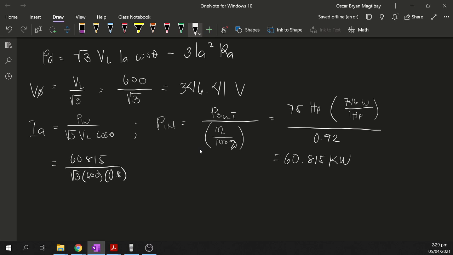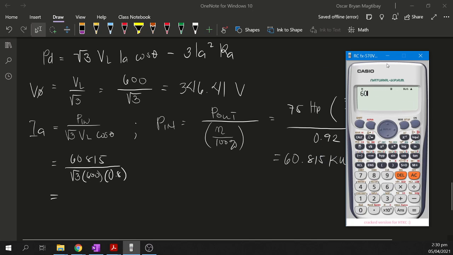So, in this problem, anong ating IA? Dito natin siya ilalagay. 60.815 over square root of 3 times 600.